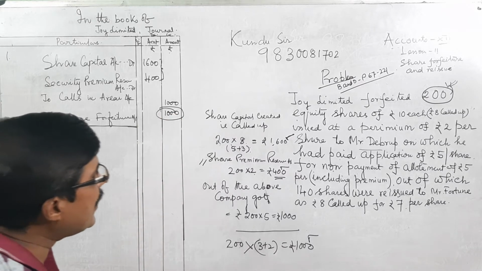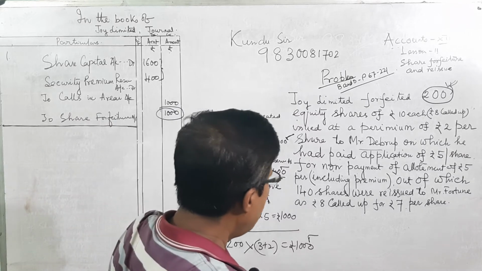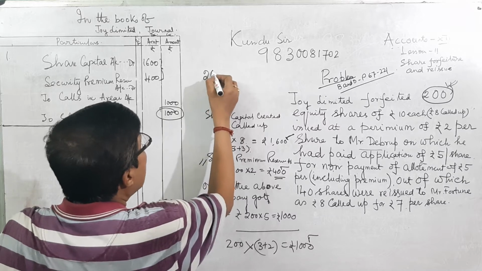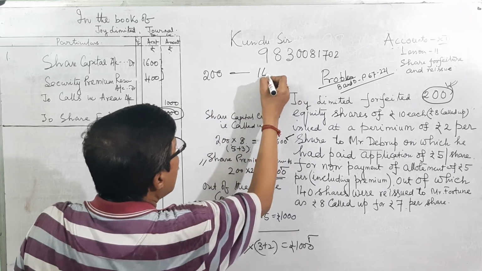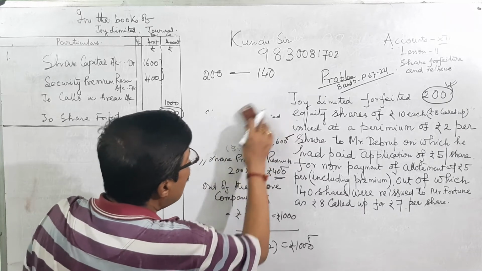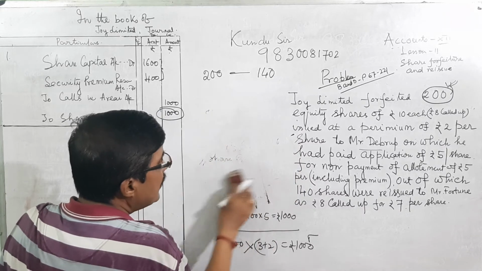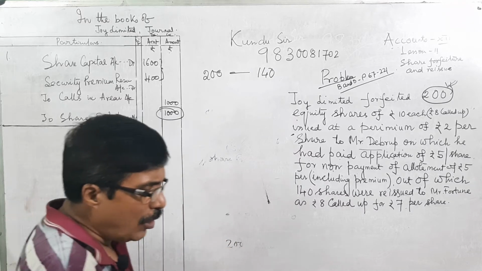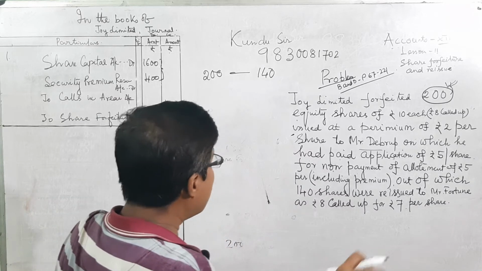Now the company decided the 140 shares out of 200 shares, 140 is to be reissued. Earlier I have told that we should give the discount.